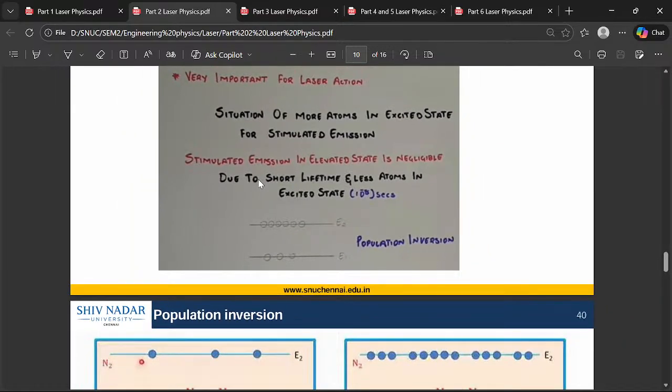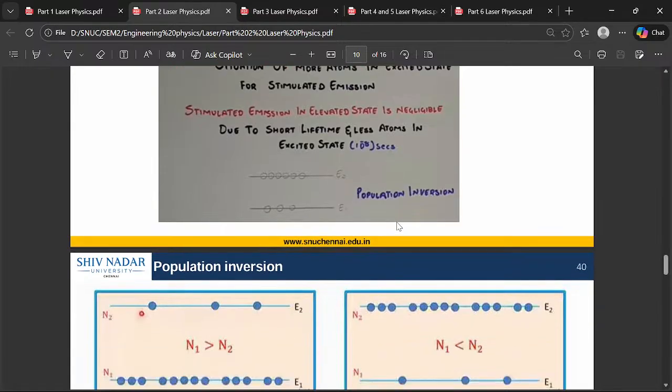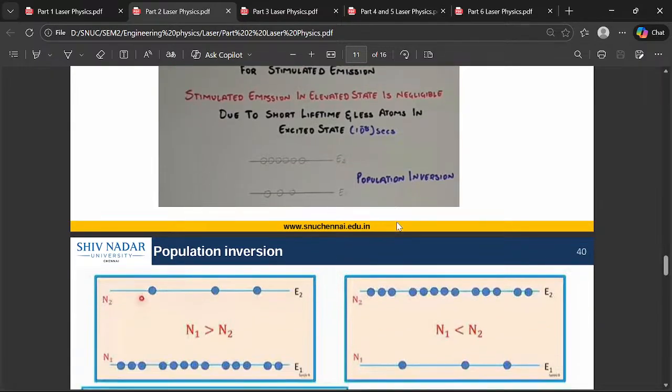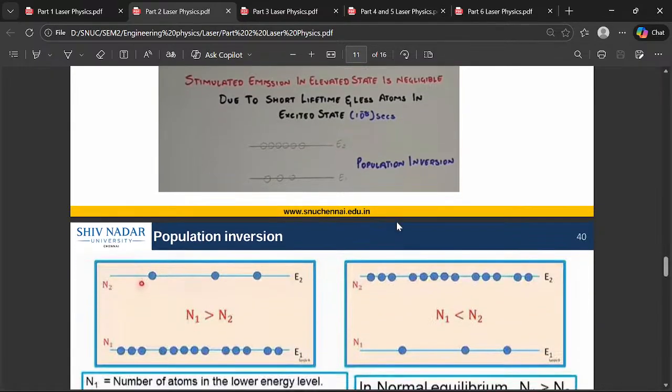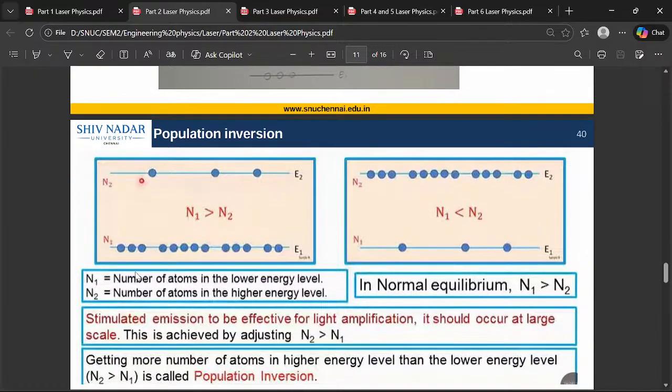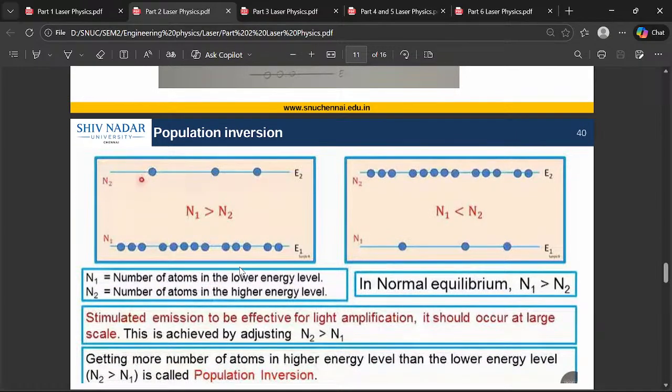The spontaneous emission in the elevated state dominates, and stimulated emission is negligible because the energy gap is very high, so the lifetime will be short. N1 is the number of electrons in the low level and N2 in the high level.